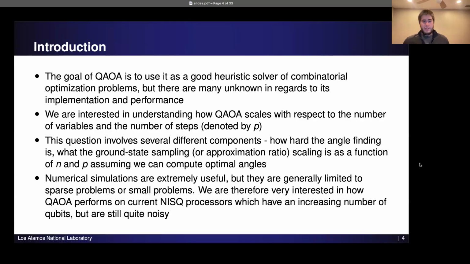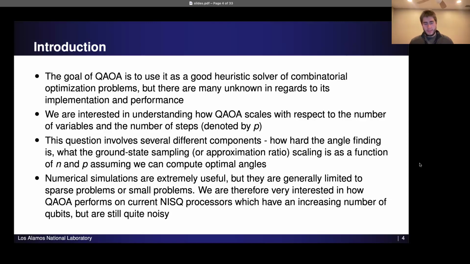So here we are interested in understanding how QAOA scales with respect to the number of variables and the number of steps, P. And we are also interested in the overall algorithm, and that requires looking at the different subcomponents of the algorithm. So how hard the angle finding is, what the ground state sampling scaling is as a function of say N or P, or you could select some approximation ratio less than 1, for example, and see how well the algorithm scales in that respect.